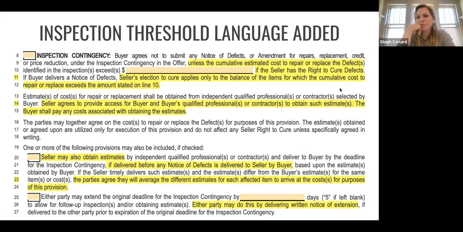As we went through within the past few weeks, we did an amendment versus a notice, differentiating the two. If you are negotiating through the inspection contingencies and you're doing an amendment, the buyer has more power to spell out how they want to have those repairs being done.